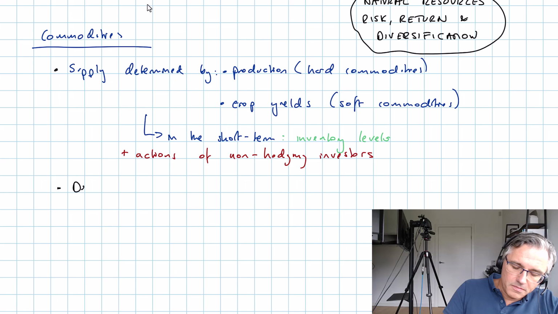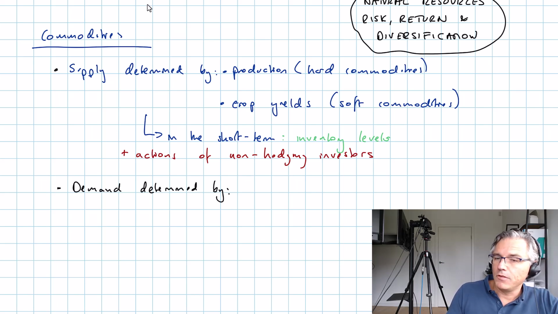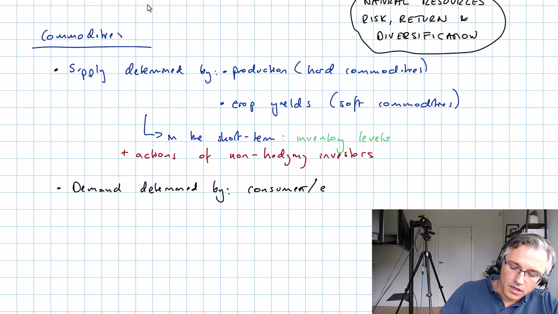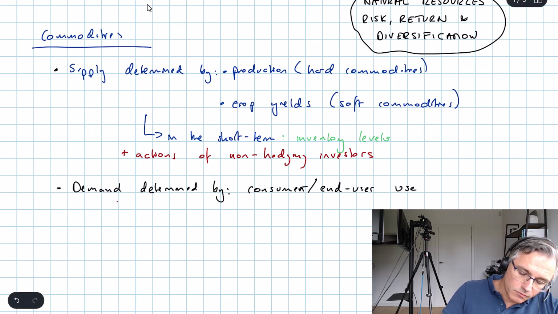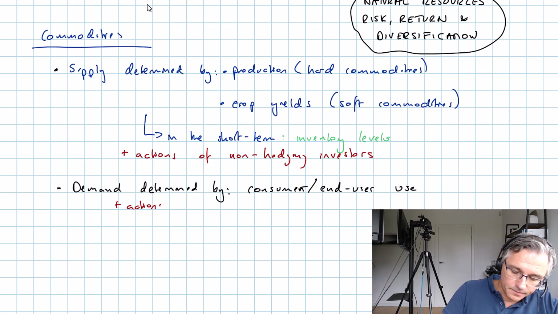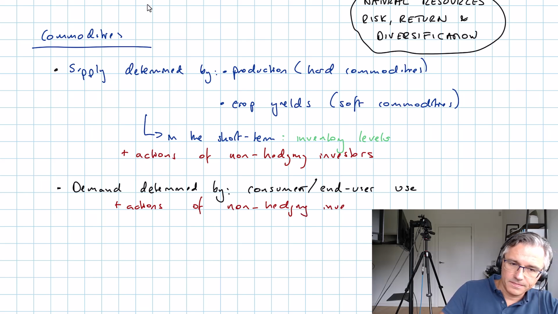In terms of the demand side of the equation, demand is pretty much determined by the use of consumers and end users, their needs or uses, but also, of course, once again, the actions of those speculative or non-hedging investors.